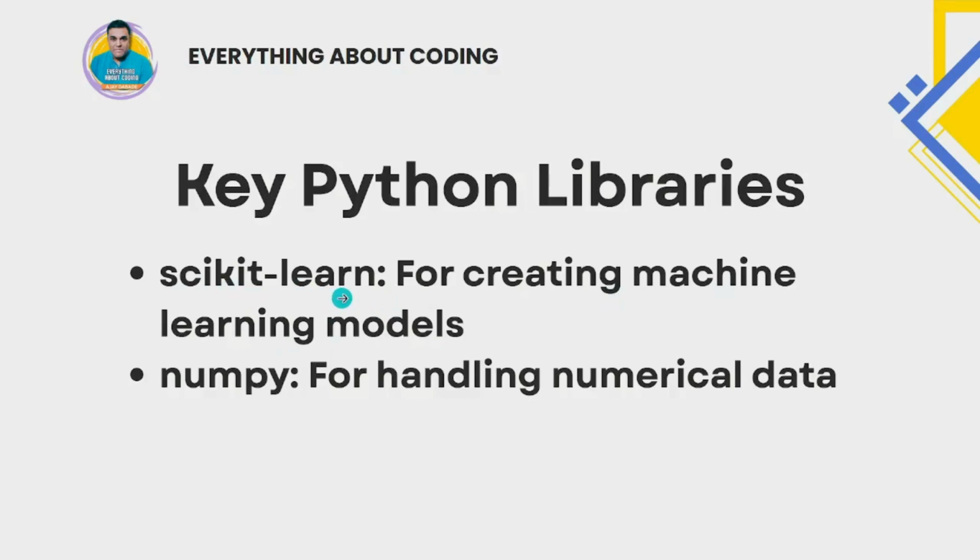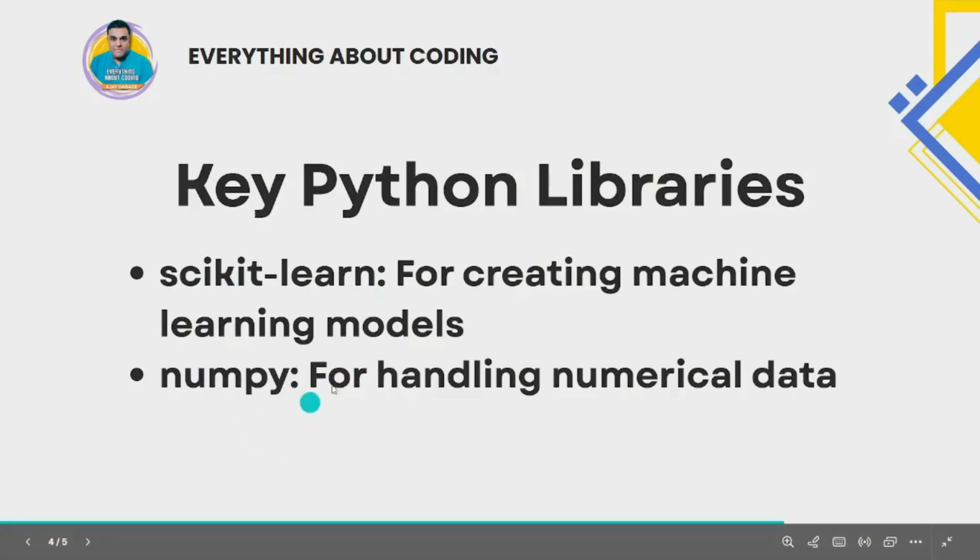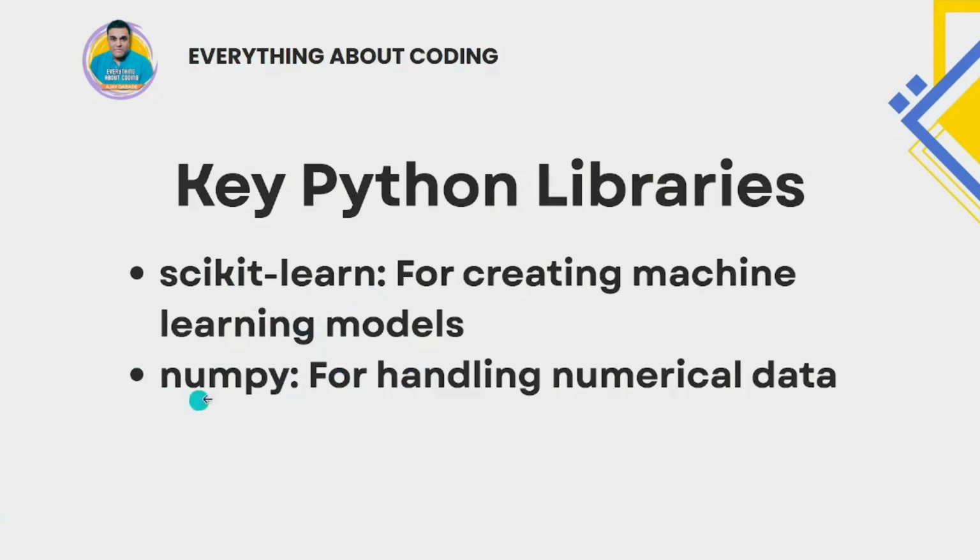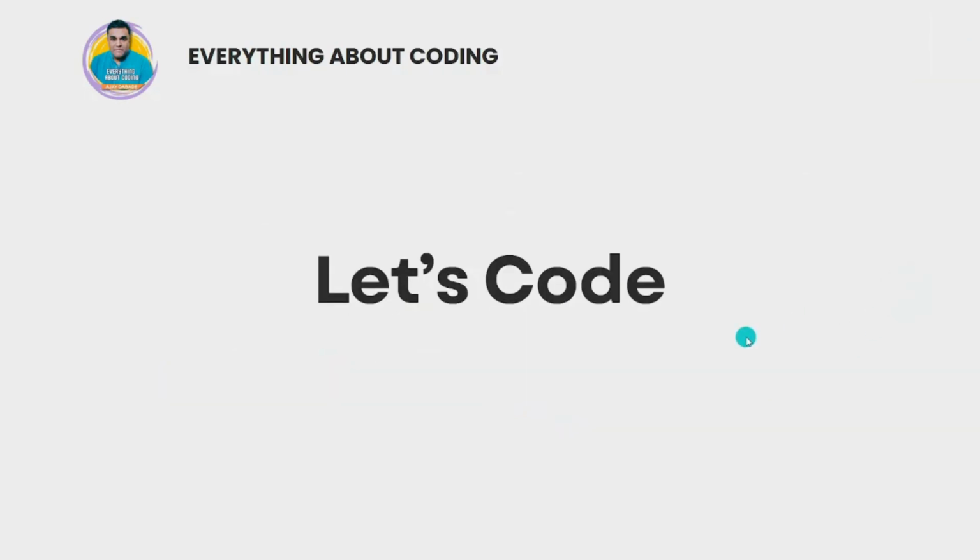This is not pre-installed, so we are going to install it using the pip command. And then obviously when it comes to machine learning and scientific calculations, we are going to use numpy for handling numerical data. Okay, so now all that has been said, let's start coding.